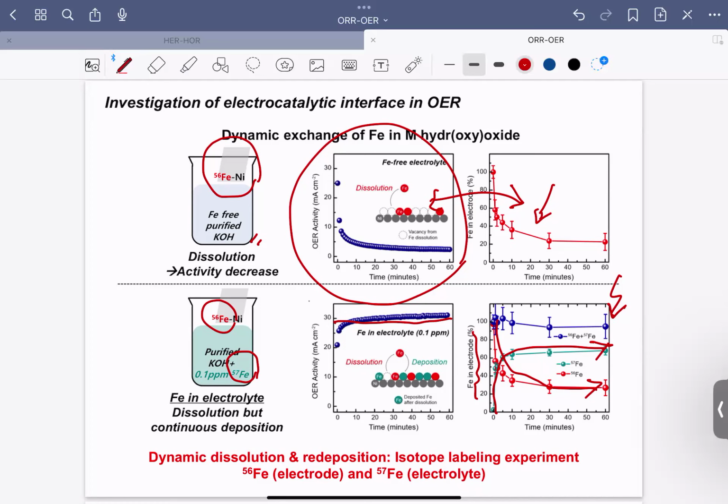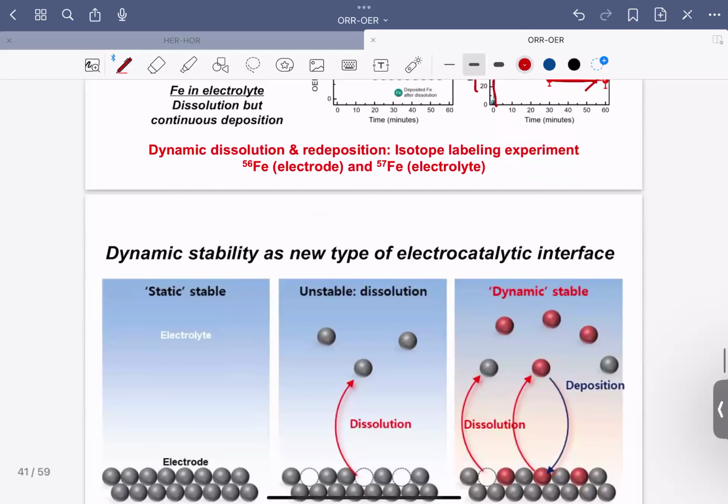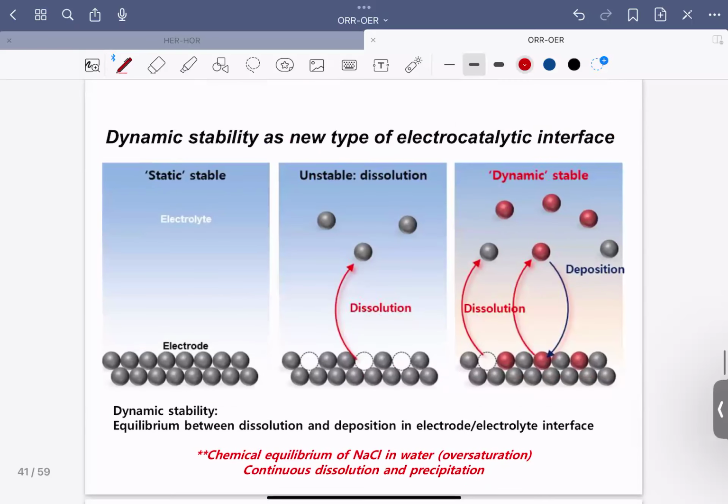We can confirm that iron 57 is found in the electrode. So the total amount of iron in the electrode is maintained, which is a very good correlation with the activity trend, right? So we confirm that there is a very interesting feature, right?